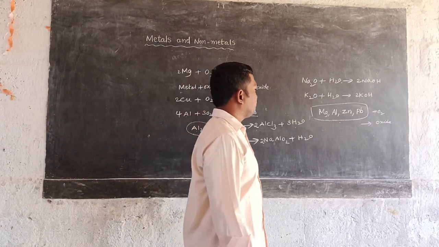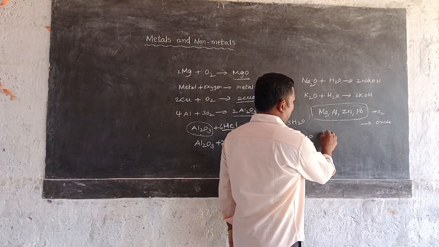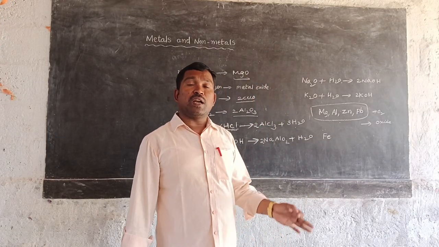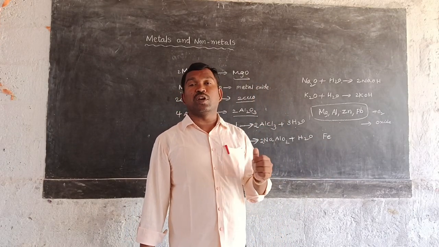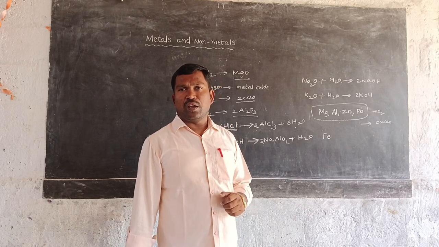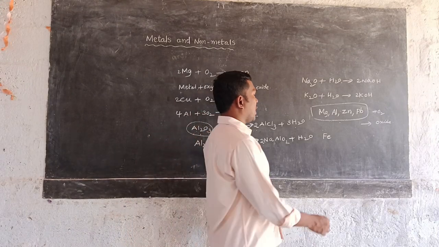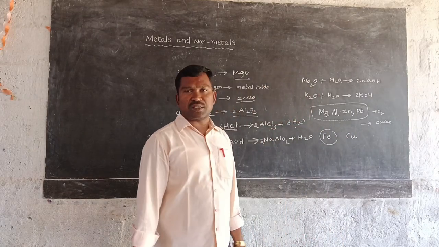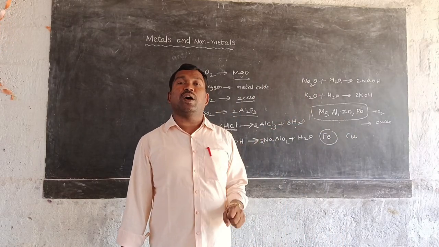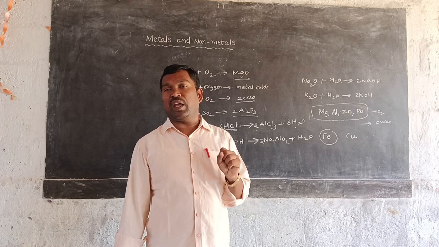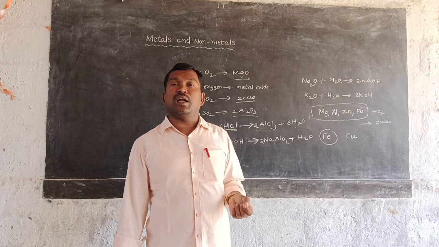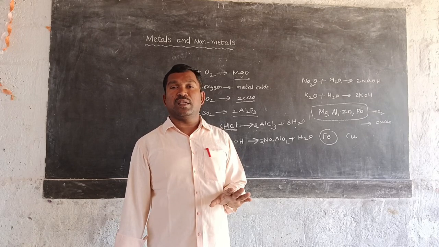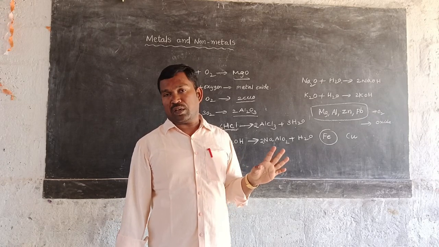Next one, iron does not burn in the presence of oxygen, but iron filings burn vigorously. Next one, copper does not burn in oxygen, but hot copper forms a black colored oxide layer on the surface of the metal.